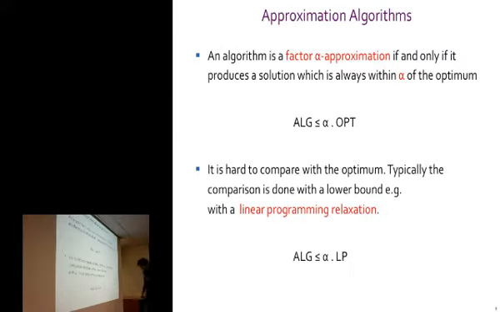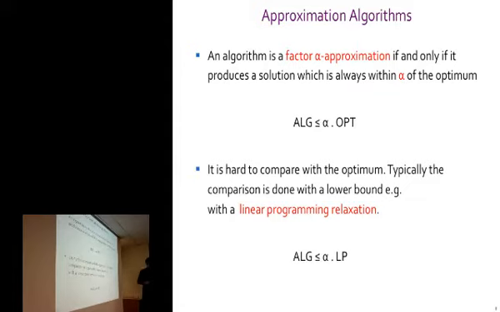So we are interested in designing approximation algorithms. By an alpha factor approximation, I mean an algorithm that always produces a solution which is within factor alpha of the optimum. Because usually it's hard to compute the actual optimum, we look at a lower bound on the optimum solution.